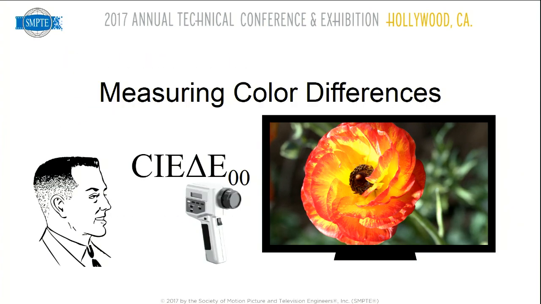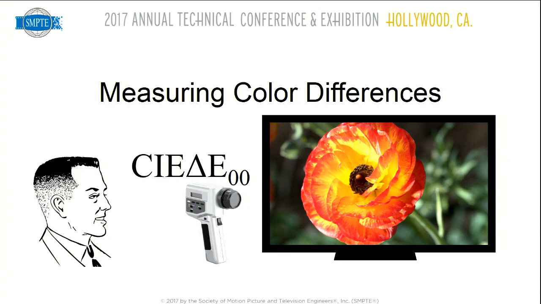In the past, for standard dynamic range television, we've had metrics that have worked fairly well. One of them you may have heard of is called ΔICTCP 2000. The reason we use these metrics is that they were independent of the user. Someone could take a device and get a measurement, and they knew that it related to human vision or how it would appear to a human.